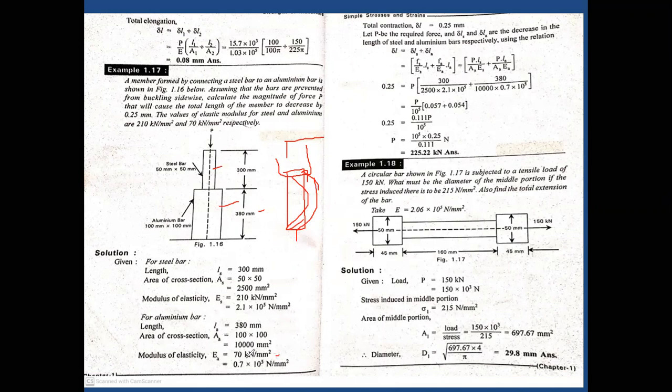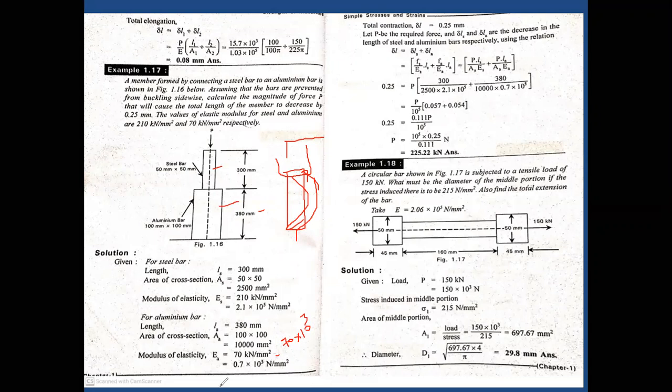We just substitute: kilo is 10 power 3, mega is 10 power 6, giga is 10 power 9.